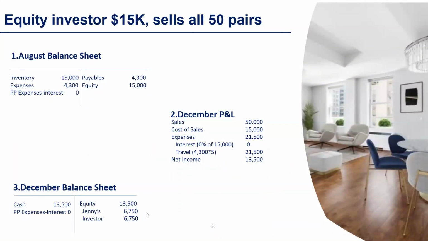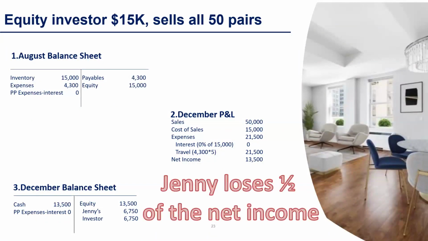She only gets to keep 1/2 of that because her investor gave her the money, took the risk, but they agreed that they would share the profitability 50-50. So by having received an equity investor, she would have lost 1/2 of her cash or net income. So it wouldn't have been a good decision in this case where the business went well.